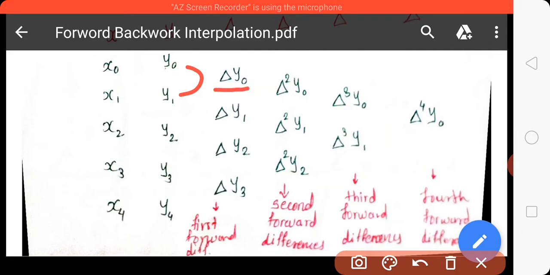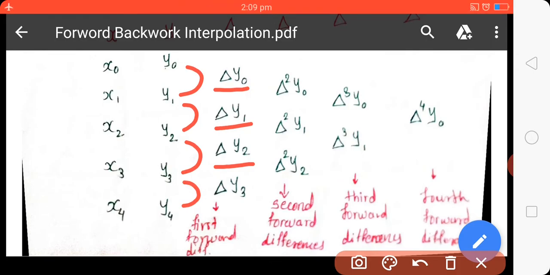Then we take the difference y2 minus y1, which gives delta y1. Next we take y3 minus y2, which gives delta y2. And lastly we take y4 minus y3, which gives delta y3. This gives the first forward differences.